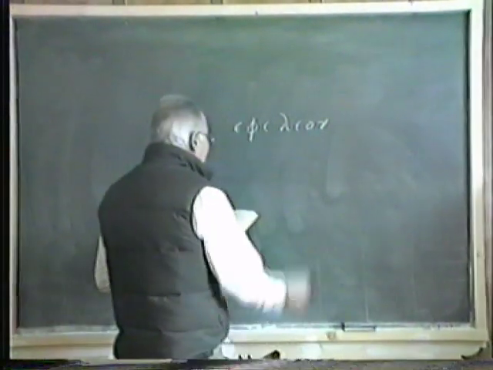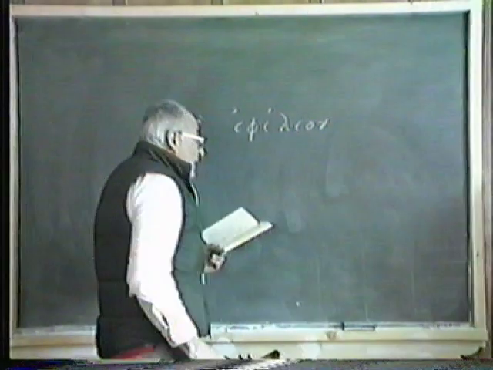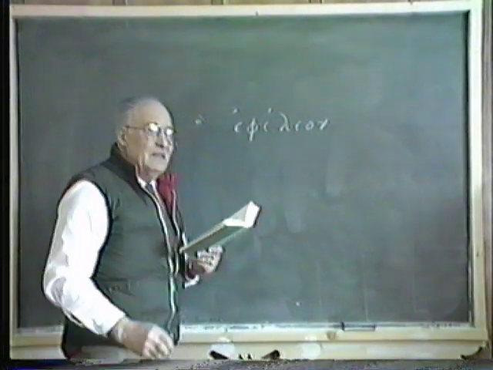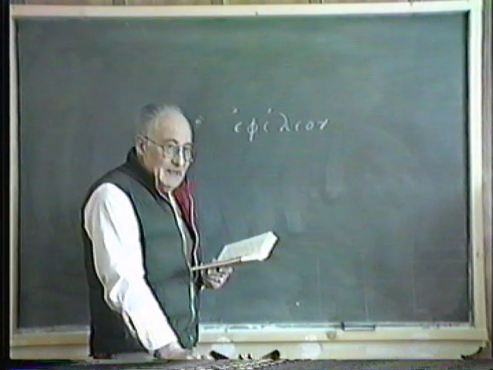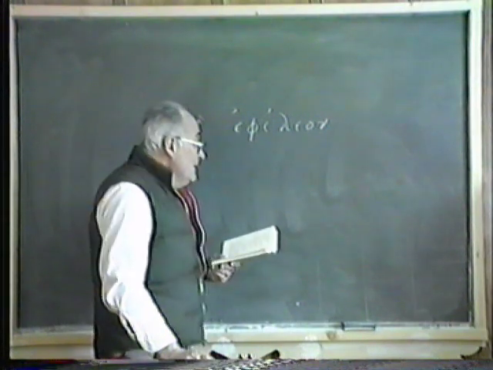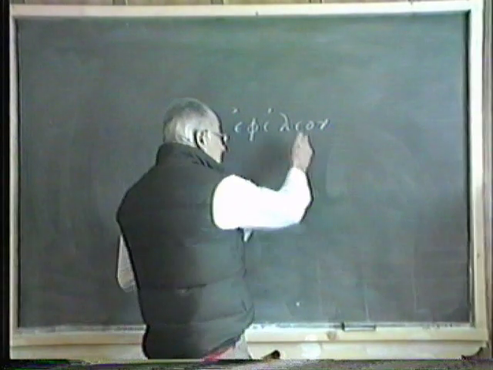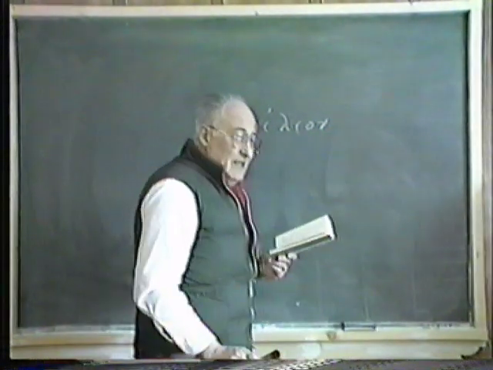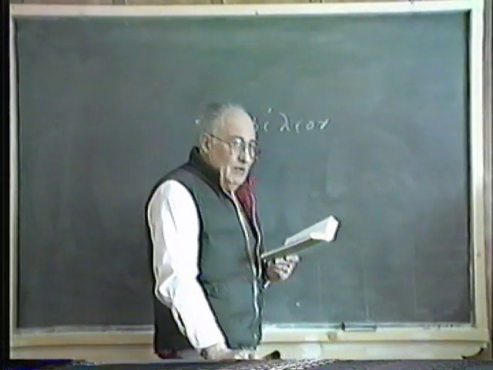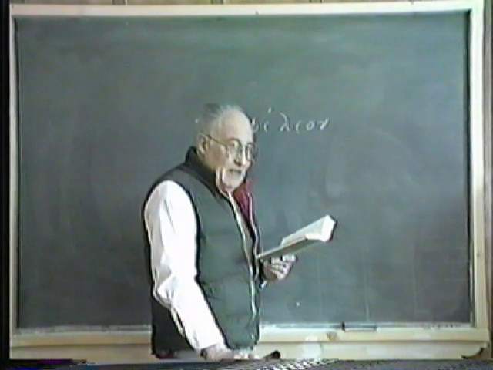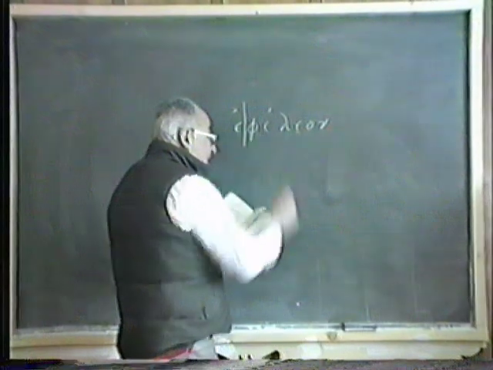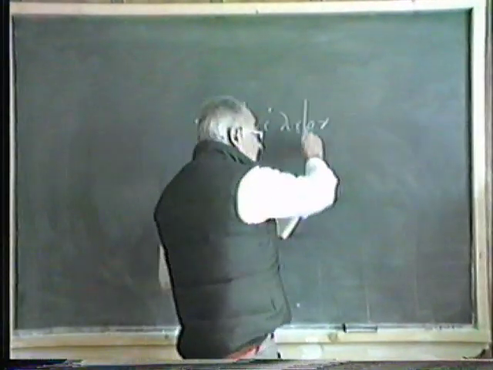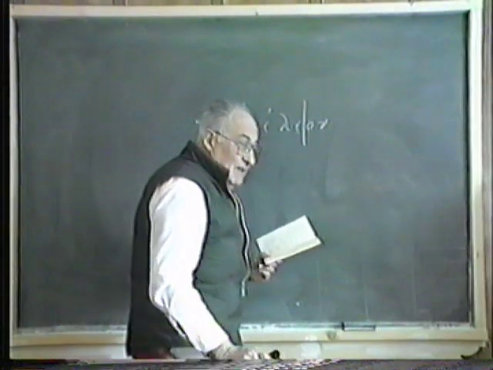Now that is the uncontracted form of the first person singular imperfect. Okay? Now here's the epsilon, which is the epsilon-omicron verb. We call them contract verbs. Here you've got your augment. Here you have your suffix, your imperfect suffix.